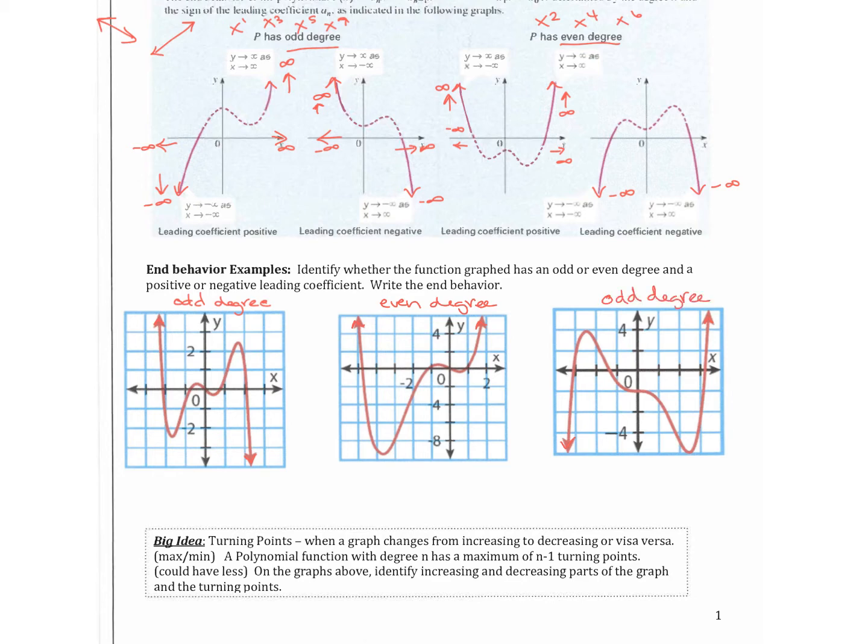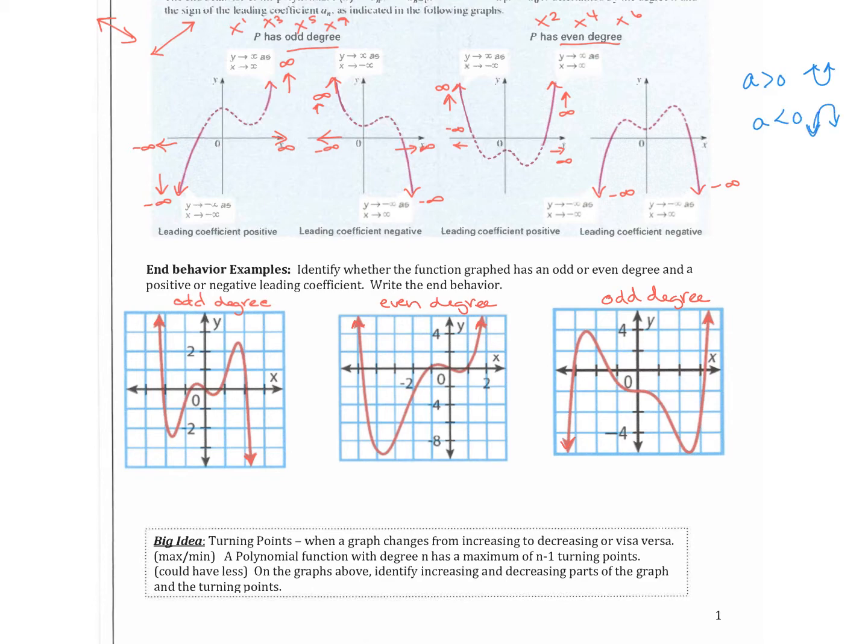I can go a step further than that. My end behavior also tells me what the coefficient is on my leading term. In other words, what's my a value? I'm going to start by talking about the even functions for a moment because we know from working with parabolas, when my a was positive, my parabola pointed up. And when my a was negative, my parabola pointed down.